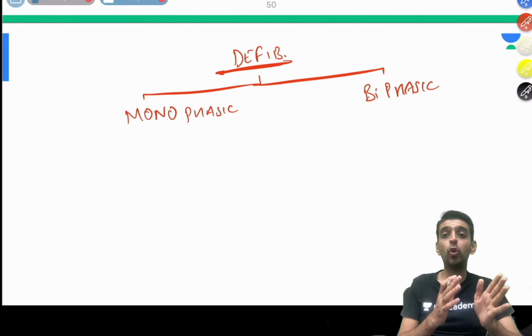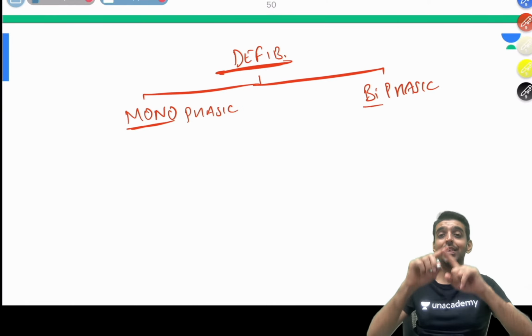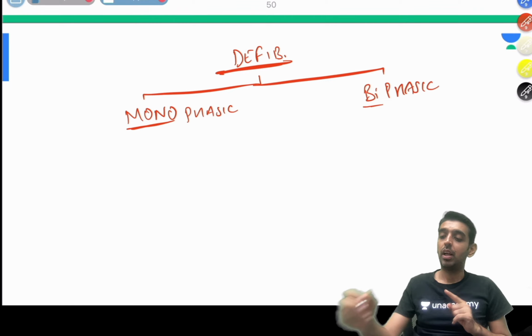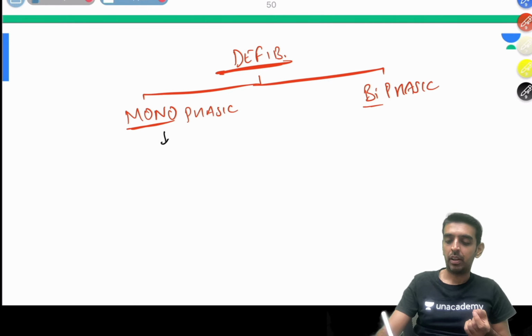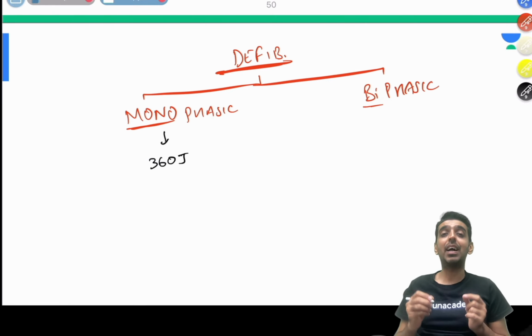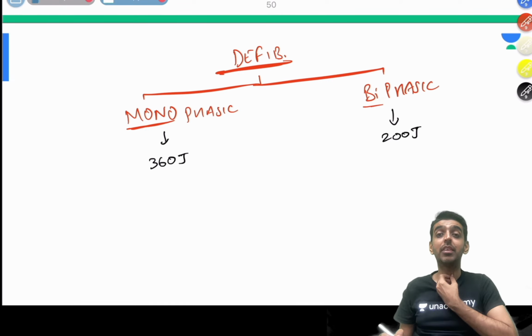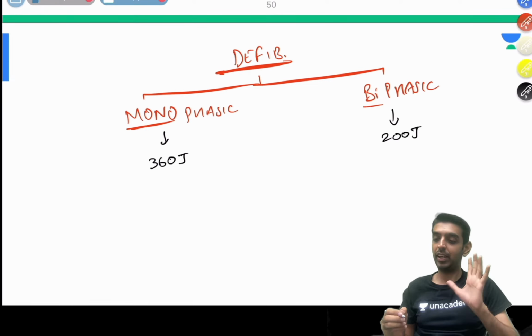Mono means one, bi means two. That means this depends upon the flow of current and the cycle, right? With monophasic defibrillator, the current intensity is 360 joules, whereas with biphasic it is 200 joules. That is the maximum current intensity, right?